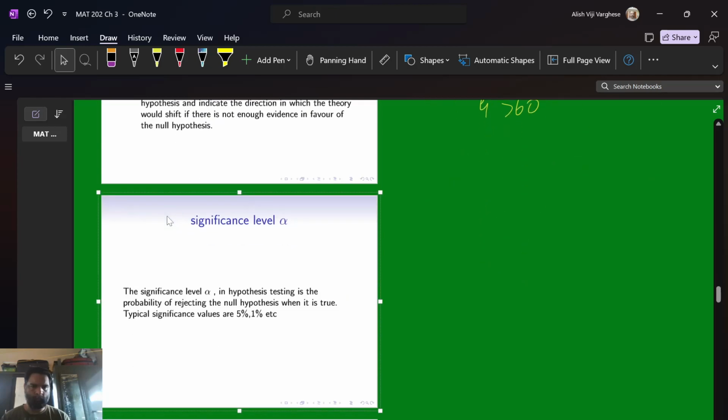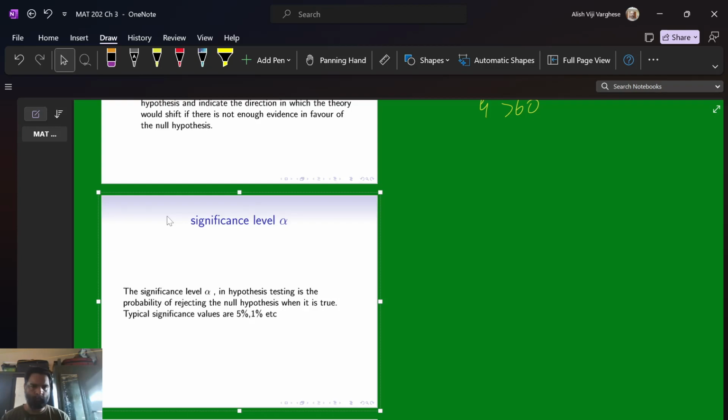Then there is a term called significance level. That is the probability of rejecting the null hypothesis when it is true. That is the formal definition of significance level, or the level of significance. It is the probability by which we can reject a null hypothesis when it is true, and we are trying to minimize that probability.